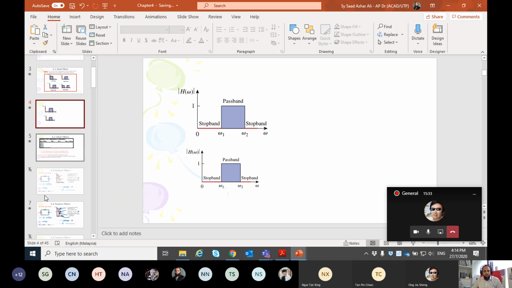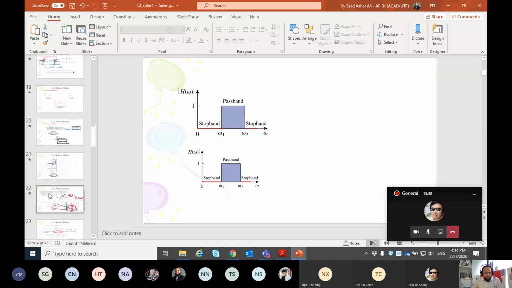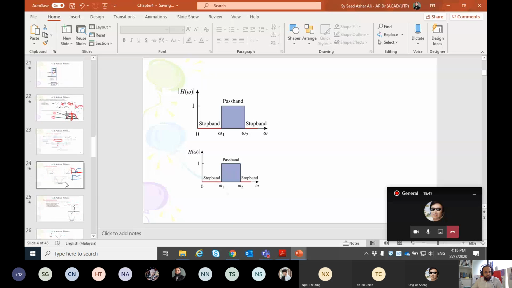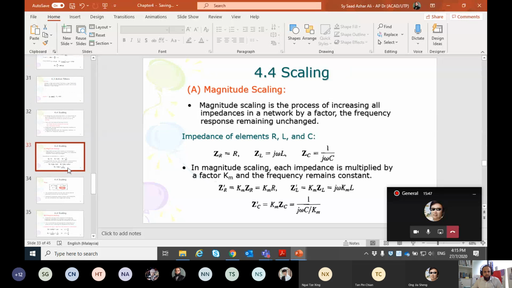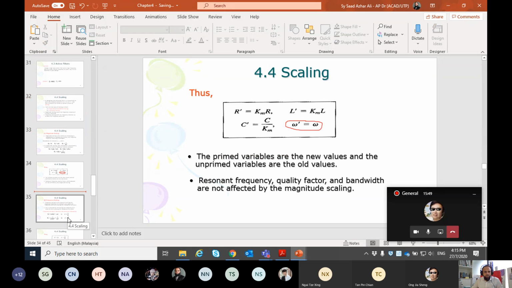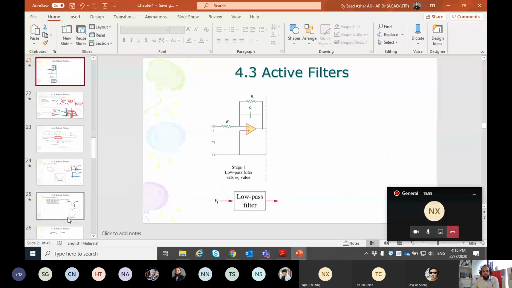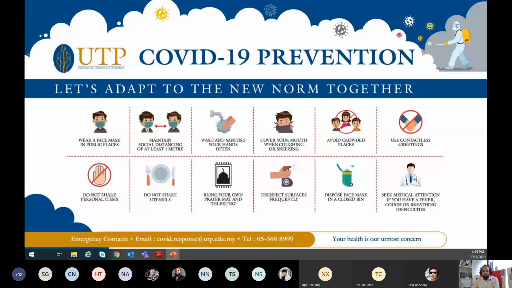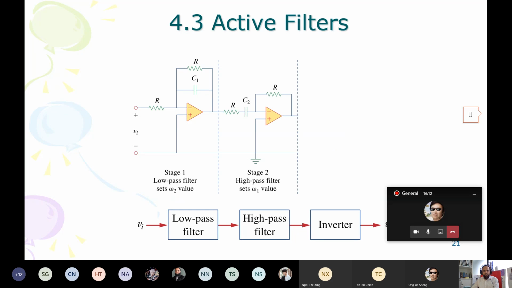All right, and you were supposed to show me something like, where is it? Something like this, probably. Okay, so this is low pass and high pass.